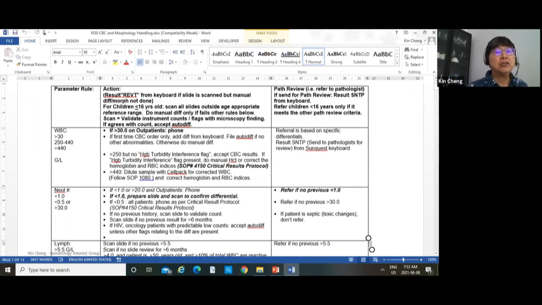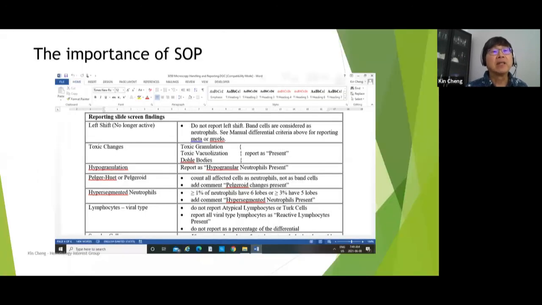An SOP tells you. In my SOP, it tells you that when the white count is below a certain number, or the neutrophil is below a certain number, you should make a slide. The right-hand column tells you when you need to refer to the pathologist and what action you take. The SOP should be very detailed. It covers everything, right?